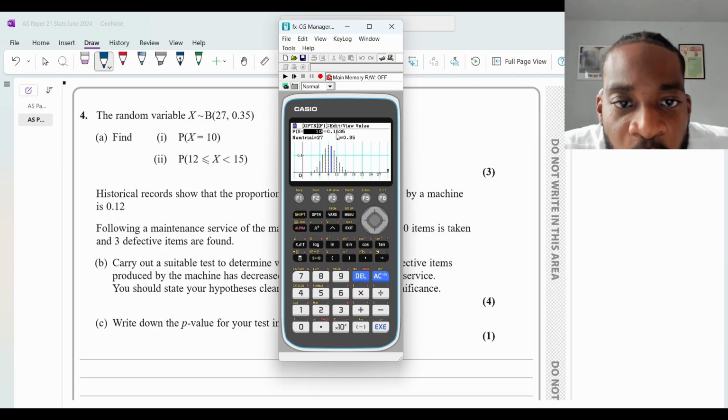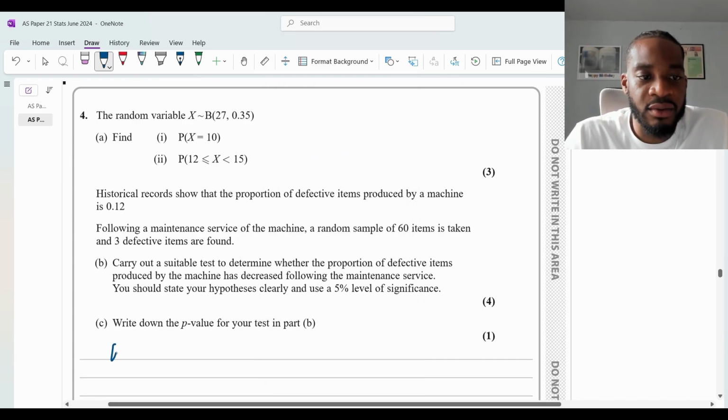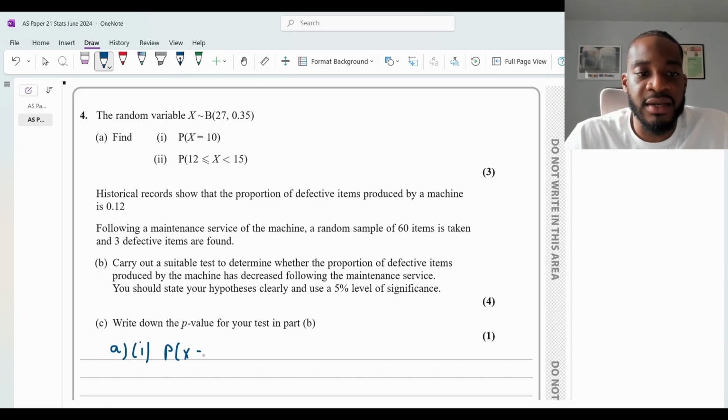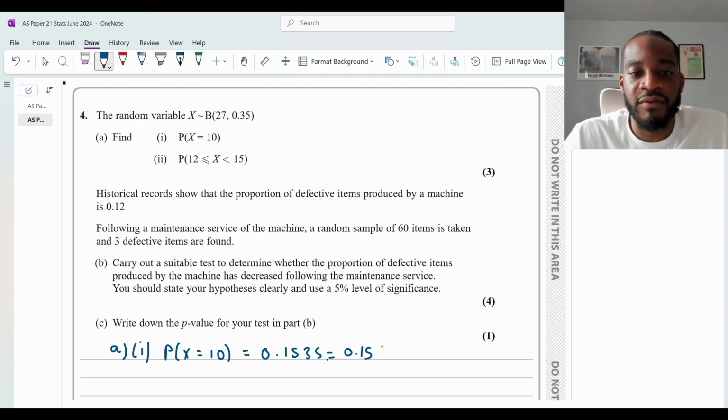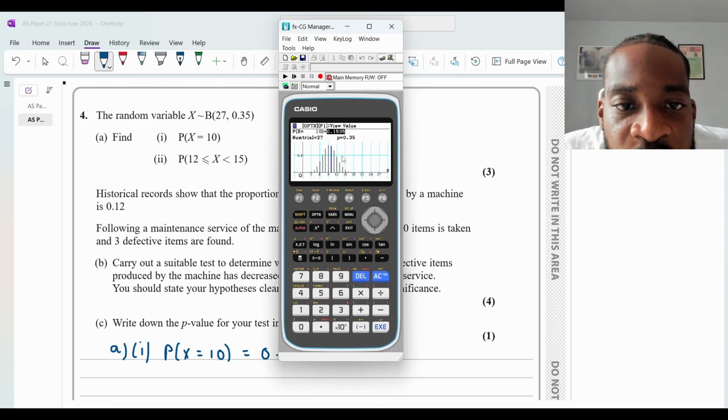We get that value there, 0.1535. So for part A and then i, the probability of x equaling 10 is equal to 0.1535, which is equal to 0.154. Let's just double check that. Yes, and if you want to just view it, how do you click view again?